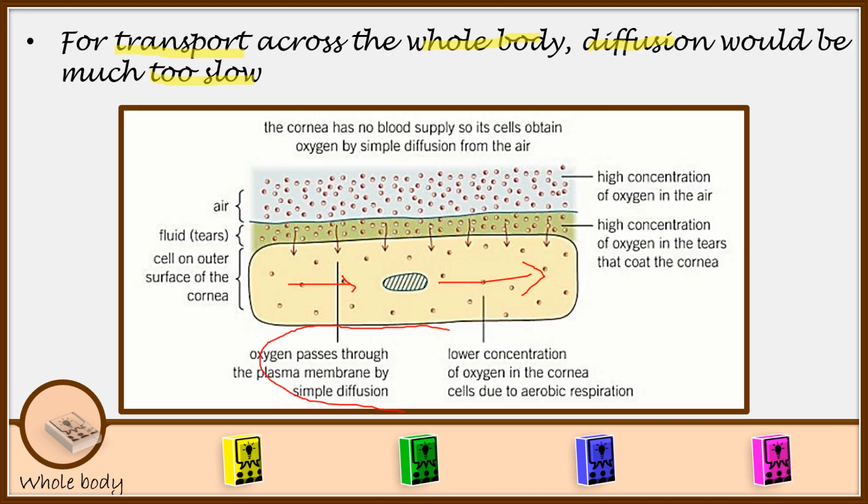If other cells need oxygen coming from here, it has to diffuse through this cell, then through this cell so that it can reach this cell. That distance is very long, and therefore diffusion will be very slow. The diffusion within a cell itself is very fast, but the diffusion across the cells will be very slow.